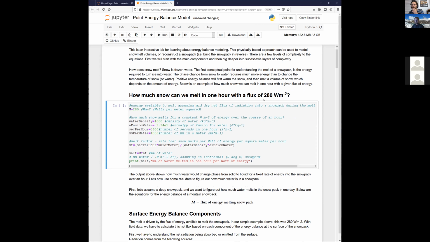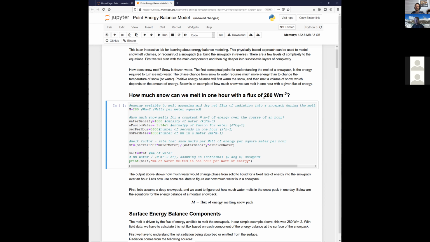The first important concept is that when we talk about energy in the lab, we're always going to be referring to energy in watts per square meter. Watts per square meter is basically the flux of energy through a square meter of Earth's surface, a constant amount of energy going towards that square meter.